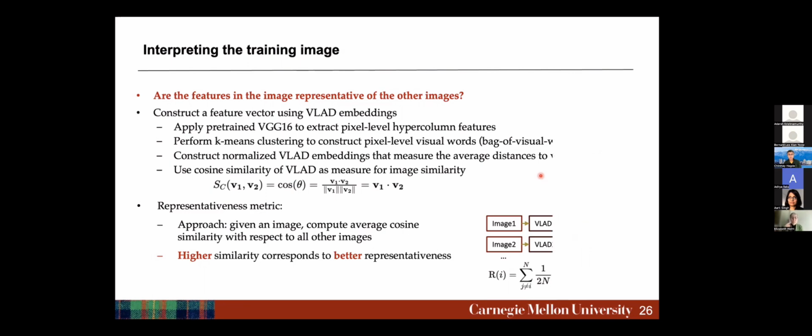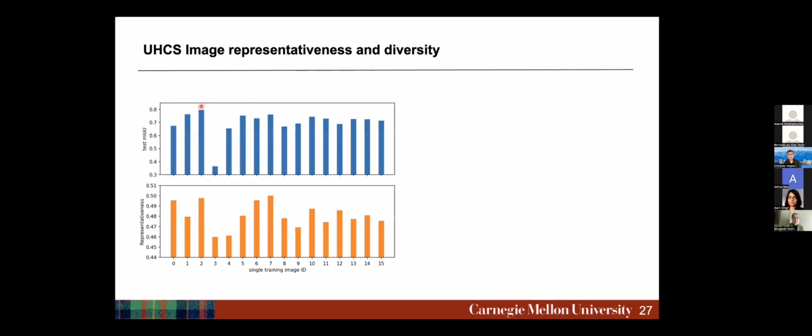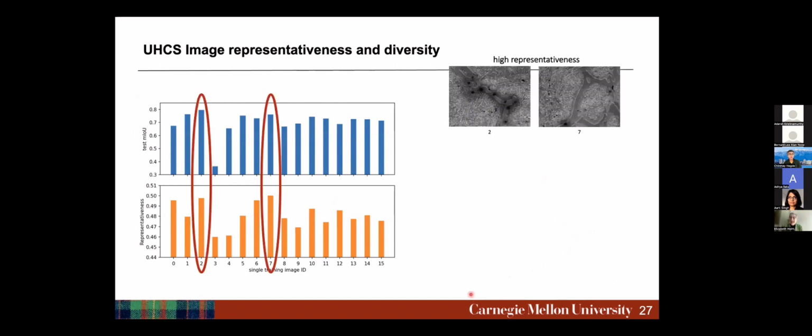So then we go back to the results I showed you. These are the IOUs for the different training images, and these are the representativeness metrics. We can see that for high representativeness metrics, images 2 and 7 here, they're the 2 best training images that we had. We have high MIOUs as well, mean IOUs.